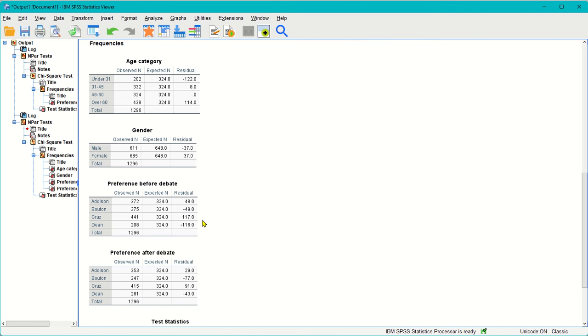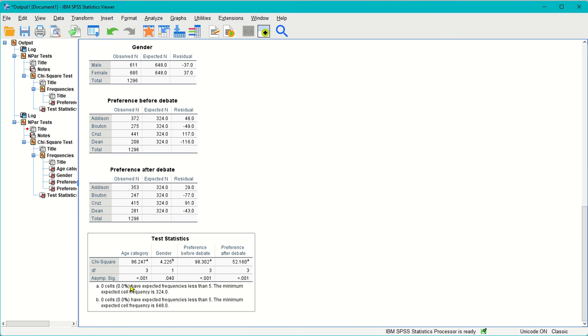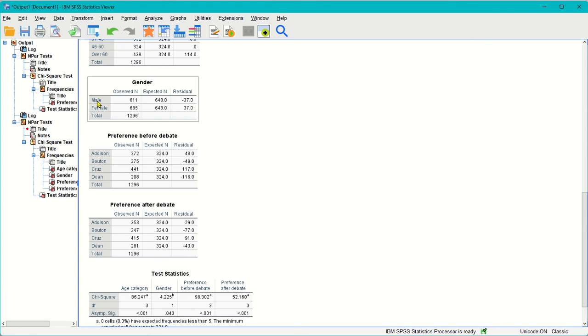You can see it has age, gender, and before and after, and you can look at their significance. It seems each one of these variables has a significant difference, even gender. There were quite a few fewer males than females. That's interesting.